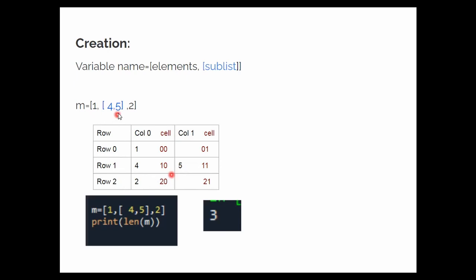Now the third element, as this is a single element and not a sublist, will be present directly in row number 2 and column number 0, where the element 2 is stored.